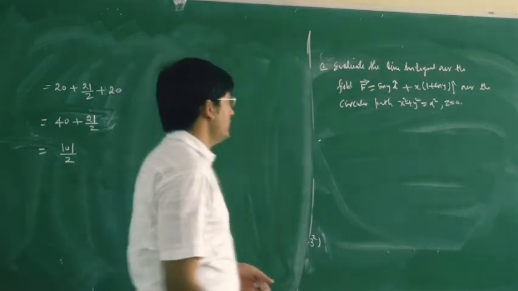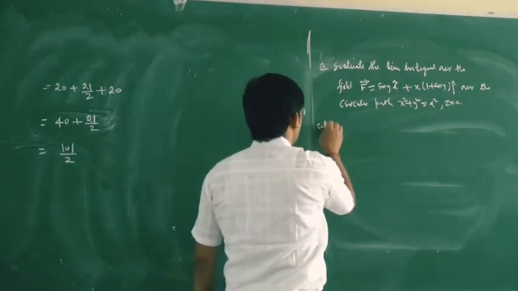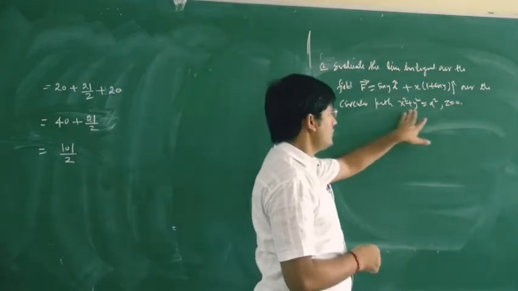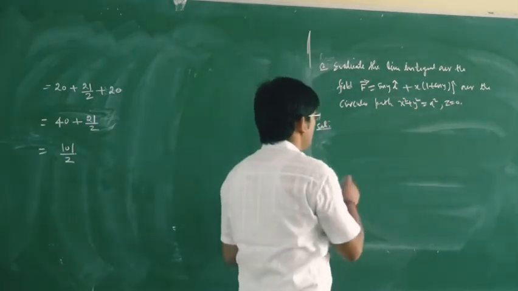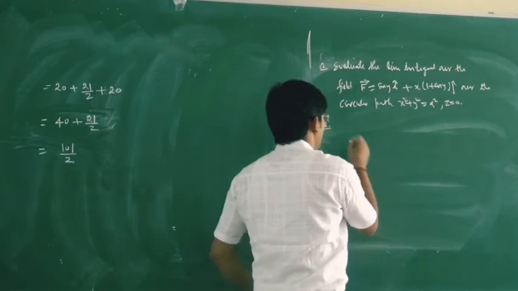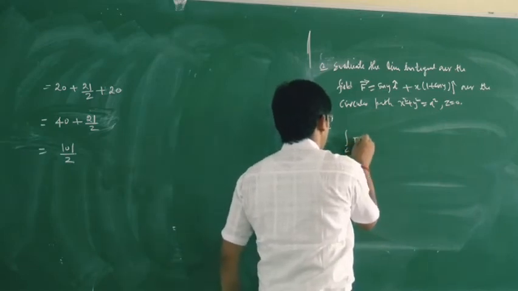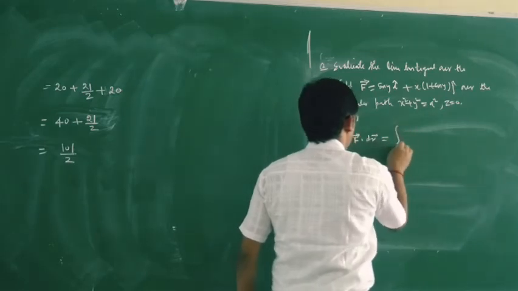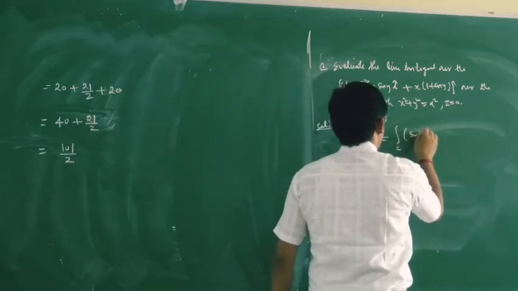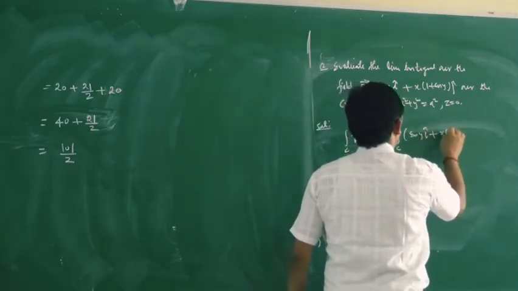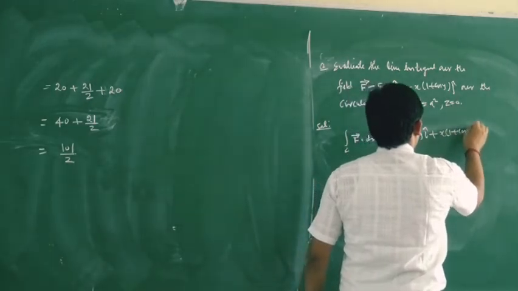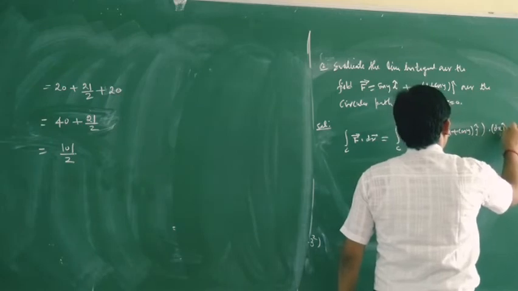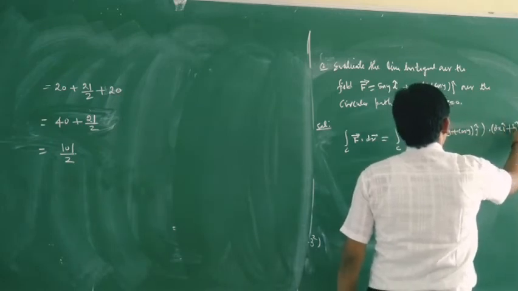Let us evaluate this line integral over this circular path. So let us find out the value of the integral F dot dr. So this is equal to, just put the value of F and your dr will be dx i plus dy j.